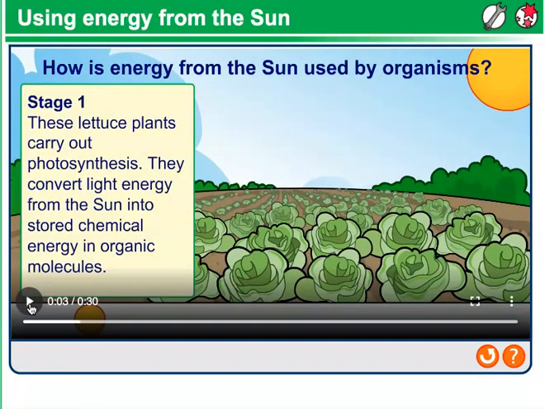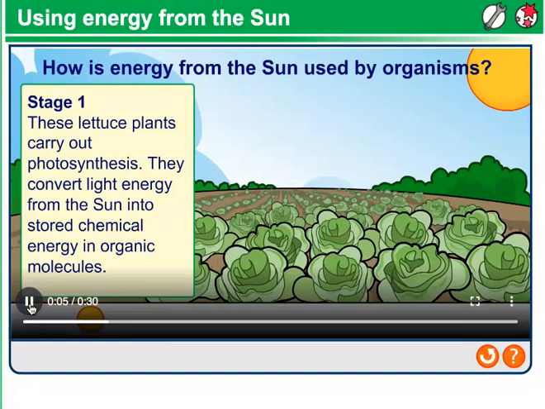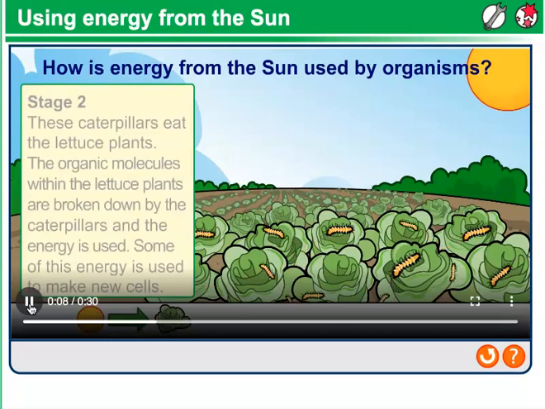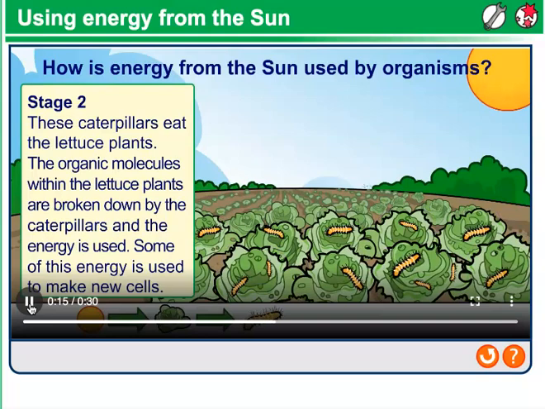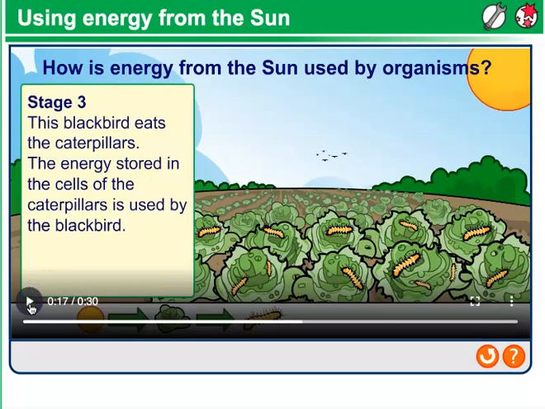Stage 1. How is energy from the sun used by organisms? These lettuce plants carry out photosynthesis. They convert light energy from the sun into stored chemical energy in organic molecules. Stage 2. The caterpillars eat the lettuce plants. The organic molecules within the lettuce plants are broken down by the caterpillars, and the energy is used. Some of the energy is used to make new cells. Stage 3.